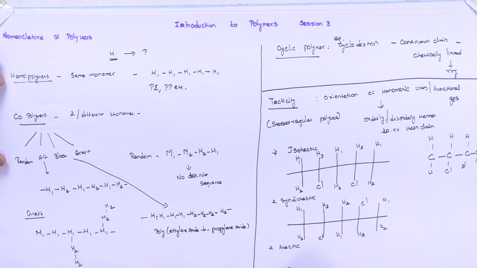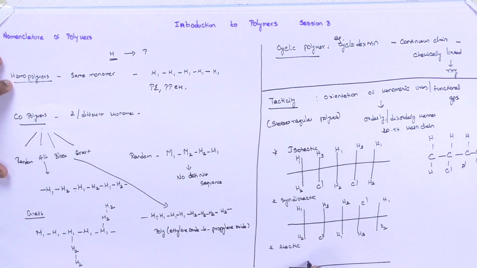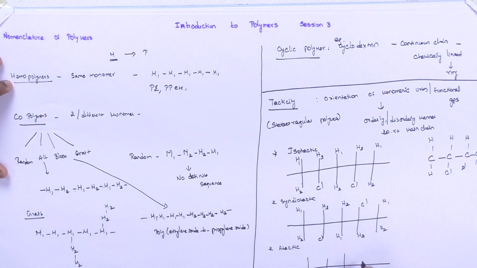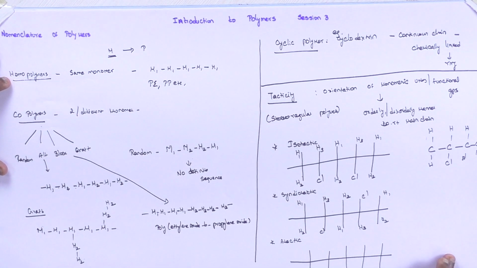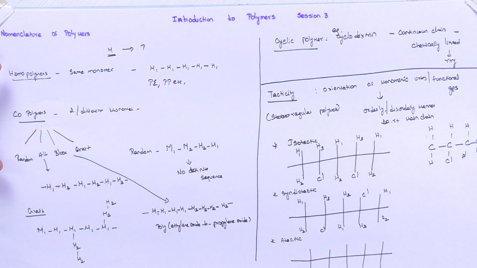Third is the atactic polymer. In an atactic polymer, the functional groups are arranged in a random fashion, and so on. So, if it is arranged in a random fashion, that is known as an atactic polymer.